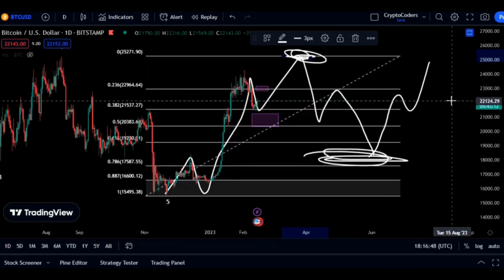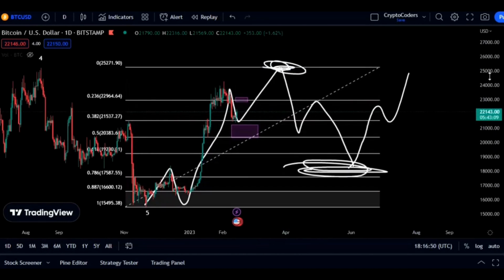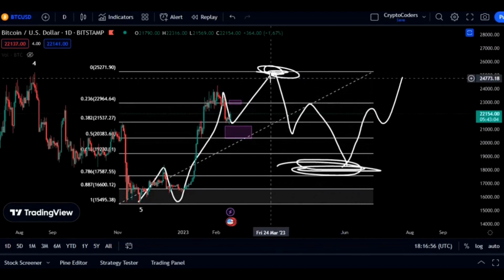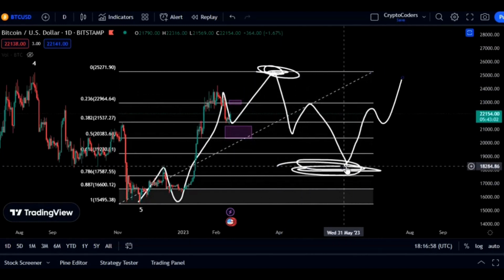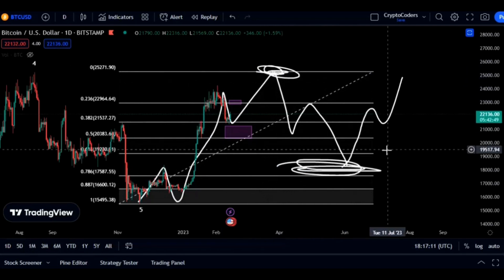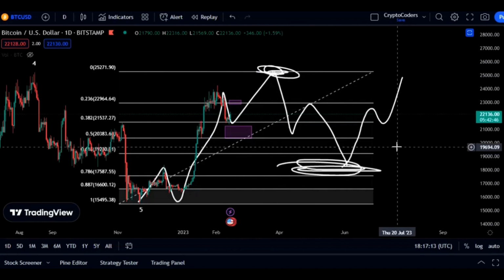So you just have to react to the market, what the market is giving you, and trade accordingly. This would be a first sign of confirmation that the bottom is in. If you want to be even more sure, you have to wait for this high to break, which would confirm that the bottom for Bitcoin is in.